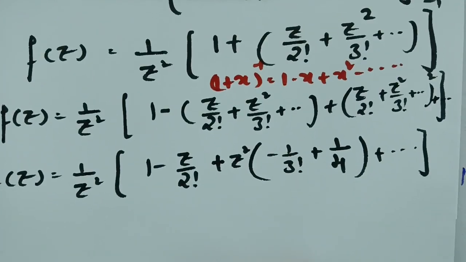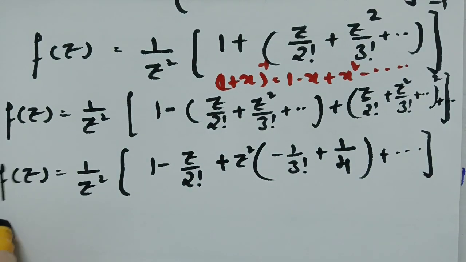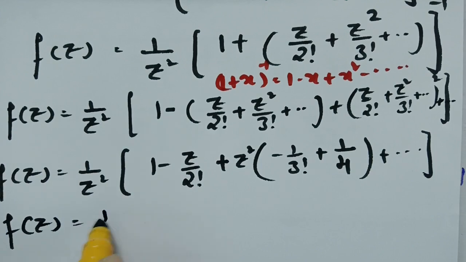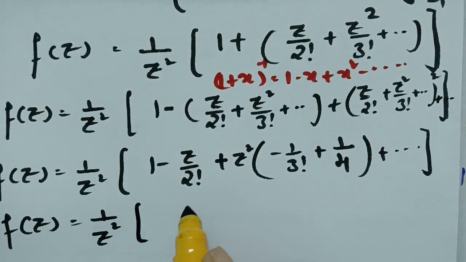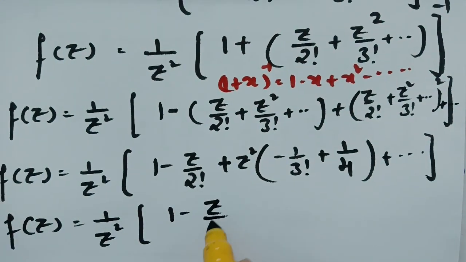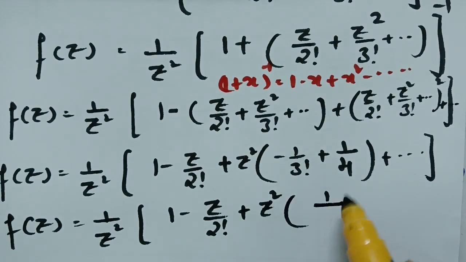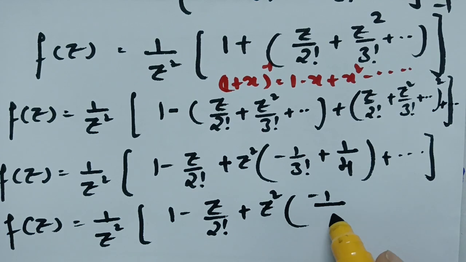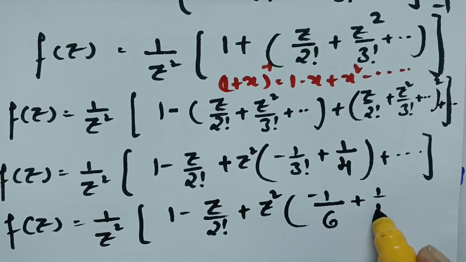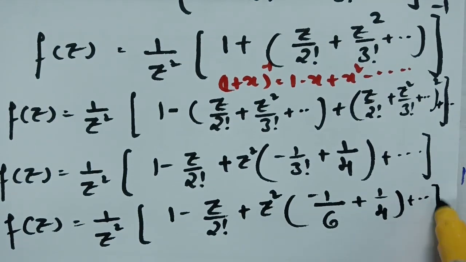And therefore, this can be written as f of z is equal to 1 by z square into 1 minus z by 2 factorial plus z square into 1 by 3 factorial, which is nothing but 6, plus 1 by 4 plus and so on.